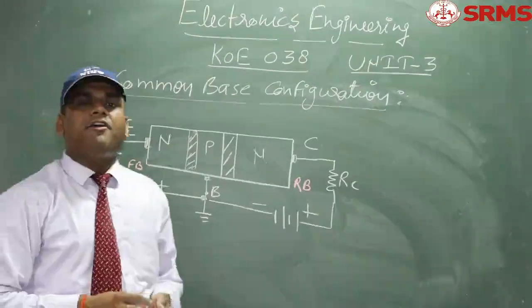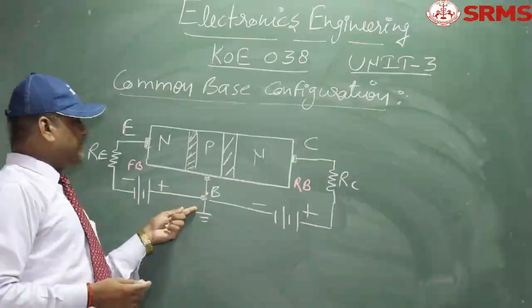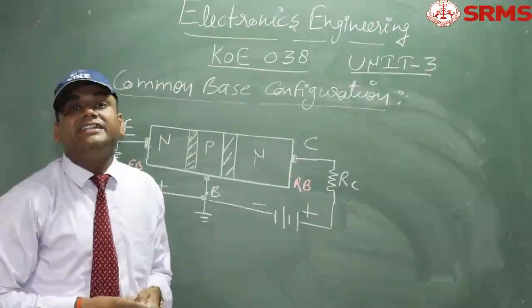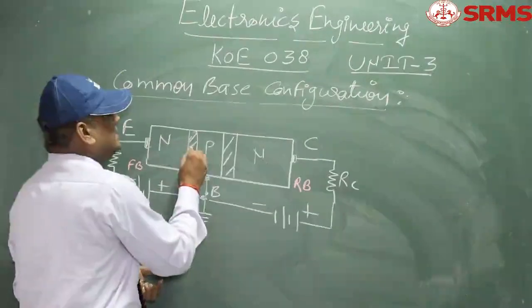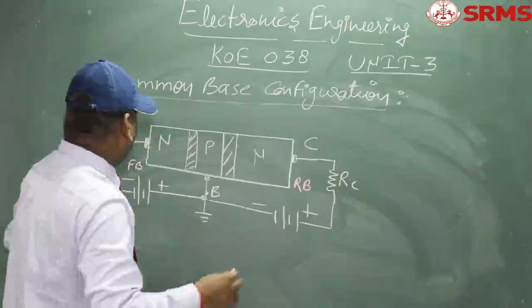For the active region of operation, it is well known to all of us, the emitter base junction must be forward biased and the collector base junction must be reverse biased. And this is your depletion region. Now what is going to happen over here?